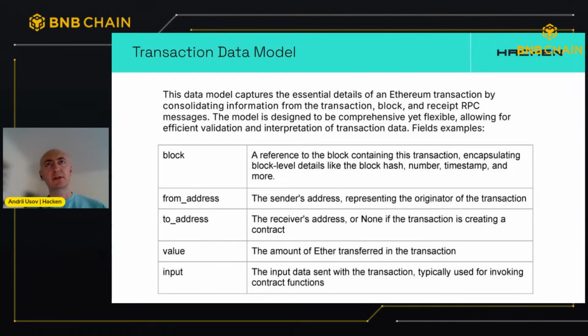This simplifies the way of operating with all this information, because you're receiving just one message and working with all the data you need. The list of fields here is just an example, the most used fields.